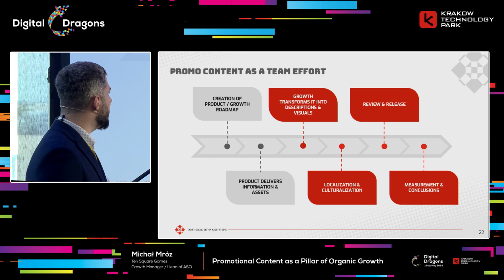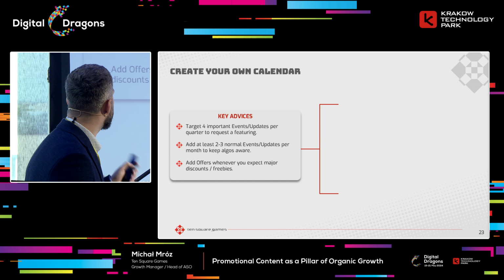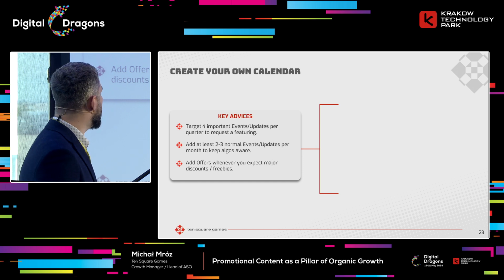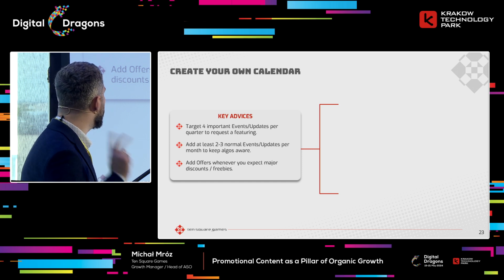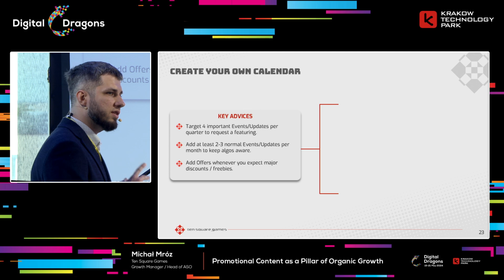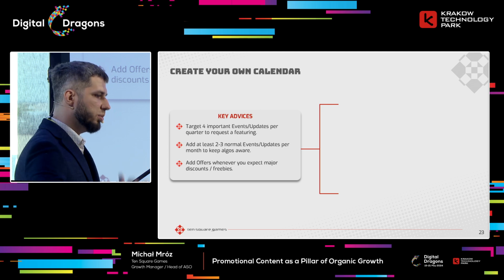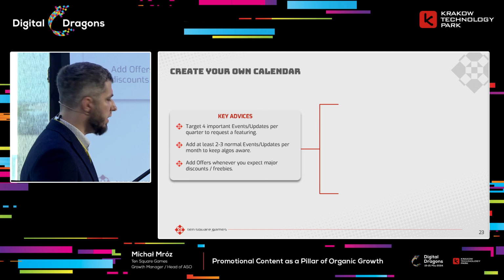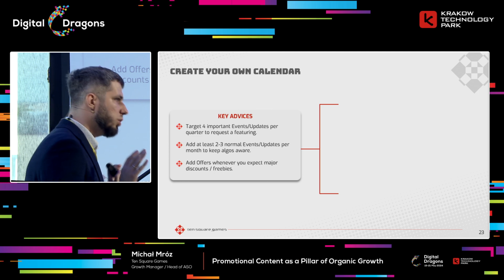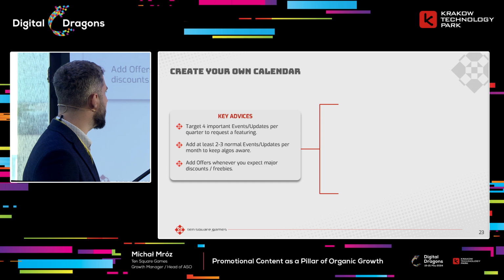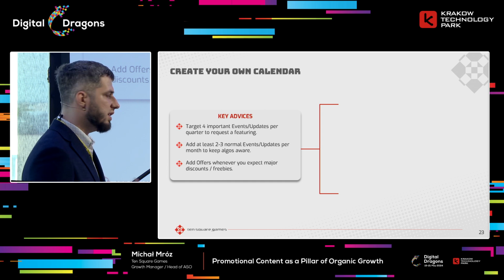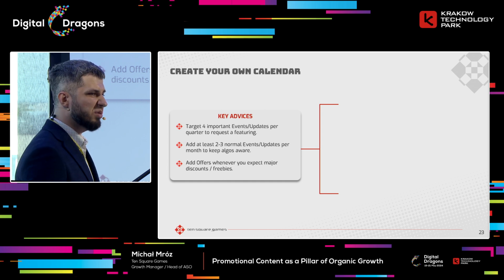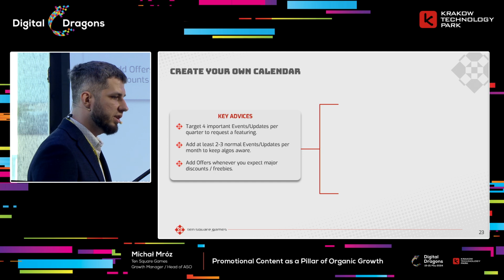From this roadmap, I think one of the most important things is the calendar. Like I said in the past, we have 4 featuring requests every quarter, so it's good to plan at least those 4. Then it's very good to also have 2 or 3 normal promotional content cards with updates and events, just to signal to the algorithm that something cool is happening in the game all the time.